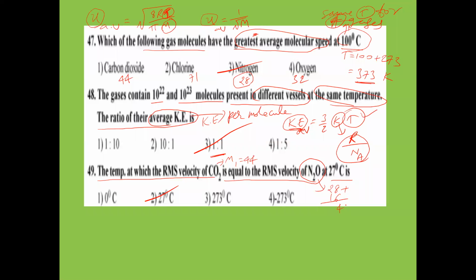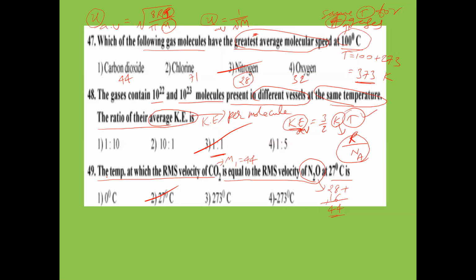So 28 plus 16 is 44 grams per mole here. So CO2 is 44, N2O is also 44. The gram molecular mass is the same for the two gases.